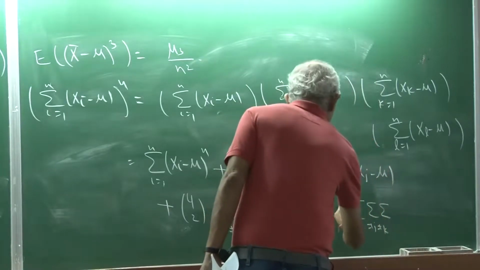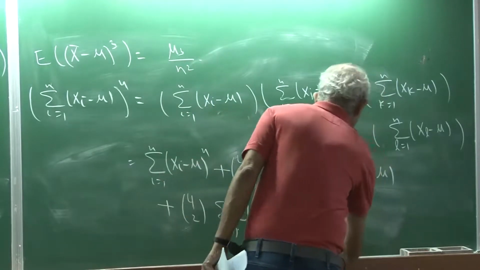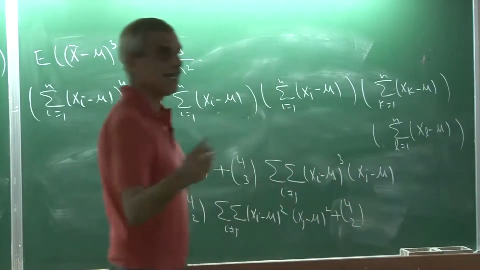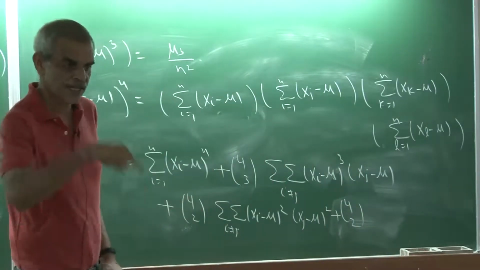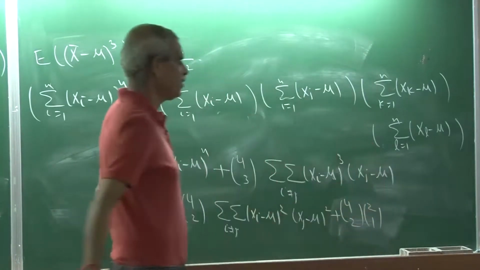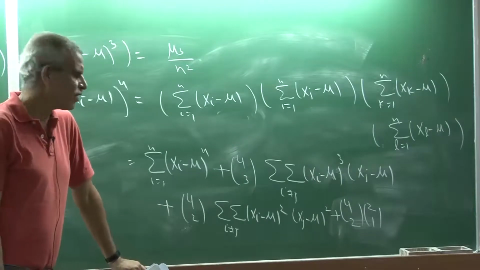So 4 choose 2. Let me write it down. Then for the jth one, 2 positions are remaining, so I can get one of them: 2 choose 1. I choose the position for j in one way, and then k is remaining, so it gets whatever is remaining.